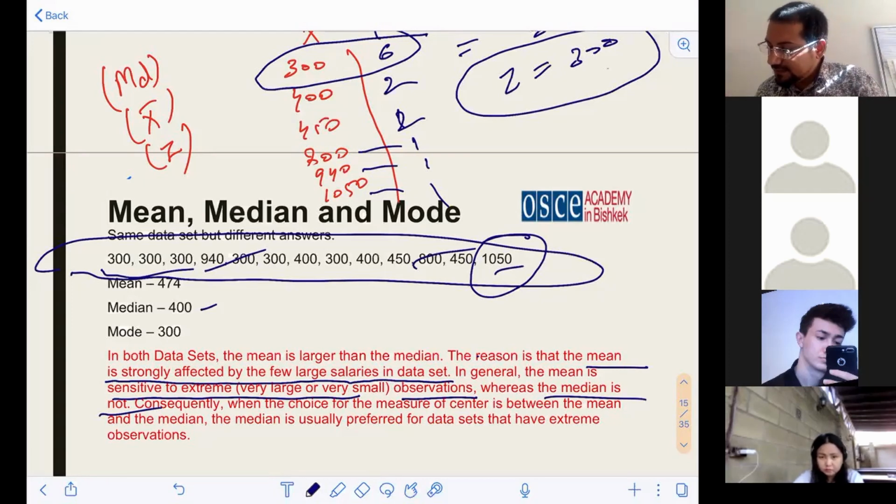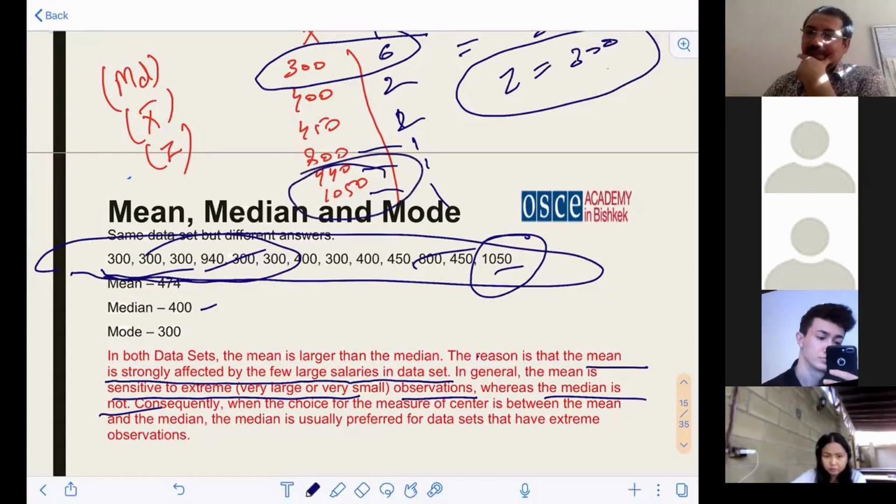Next is the mode, because the mode completely rejects the highest values, as it depends only on frequency. For example, you come to my university and say, I want to work in that university. We don't look at the offer letters or invitation letters of the company.